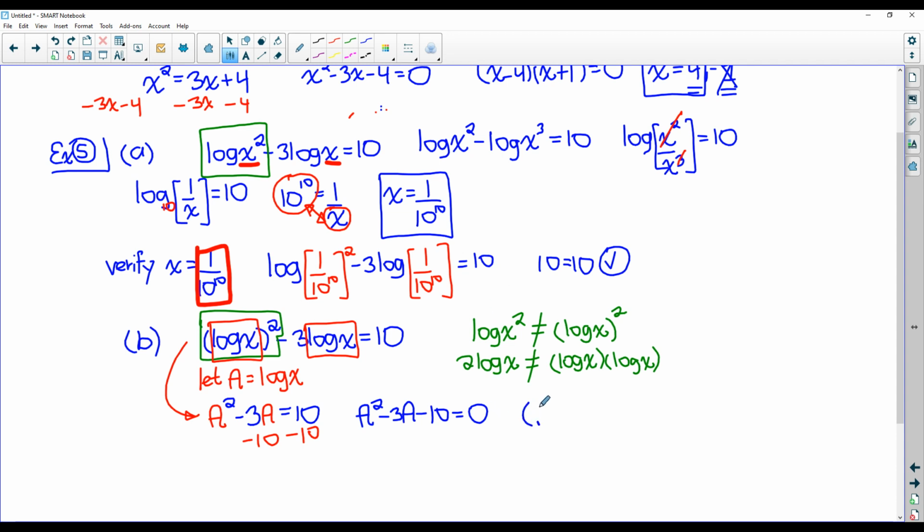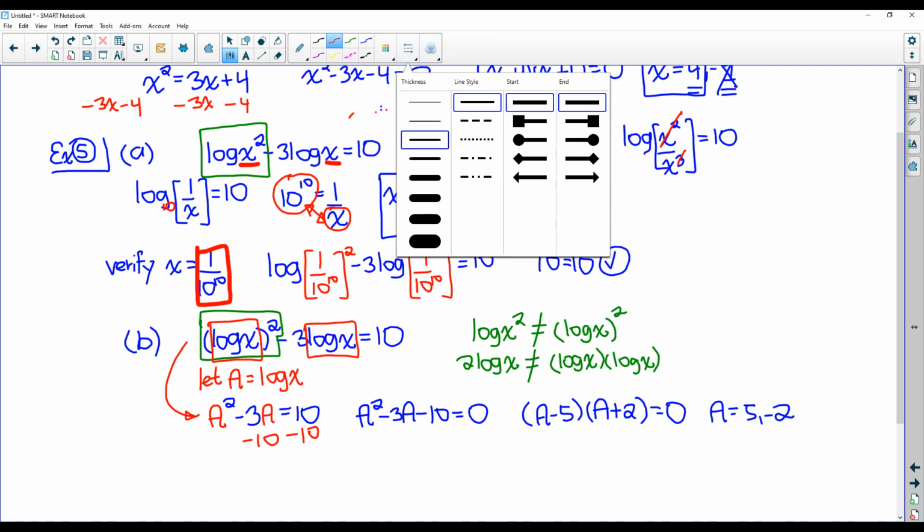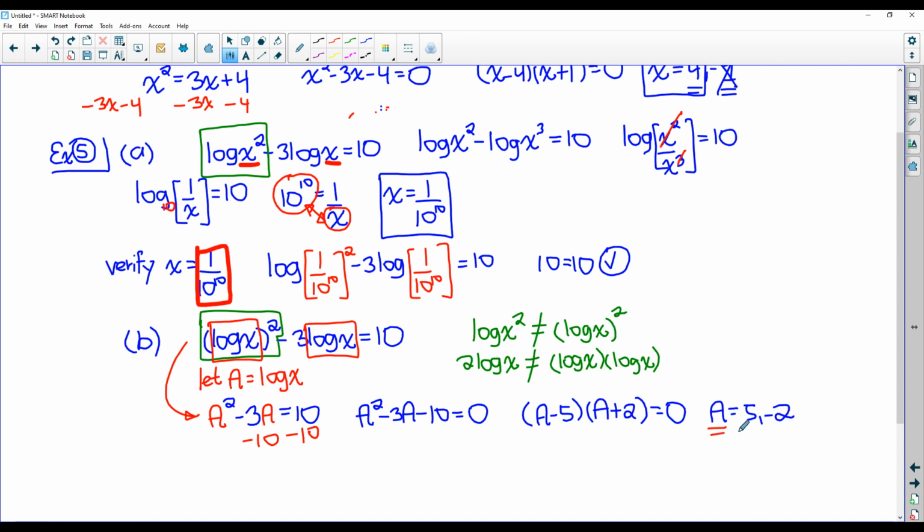So we would then have a minus 5 times a plus 2 is equal to 0. So then we have a would be equal to positive 5 and negative 2. Now, we're not solving for a here, we're solving for x.